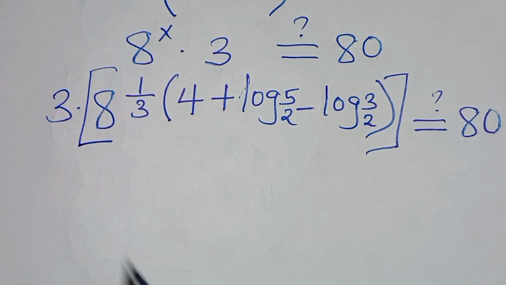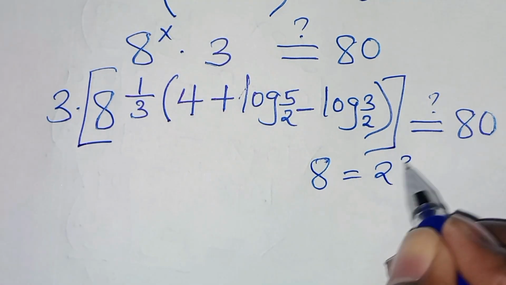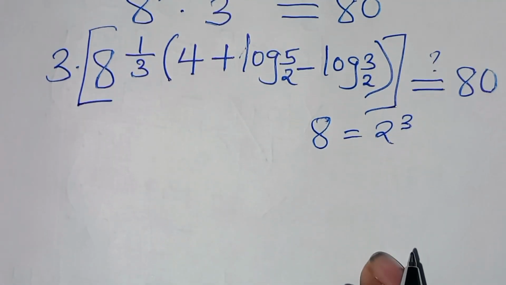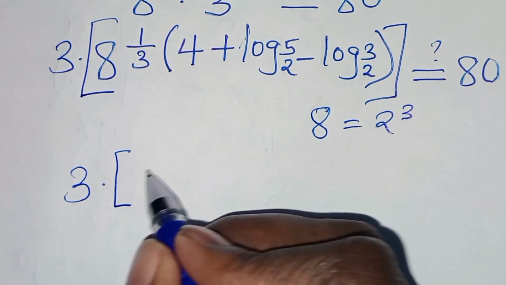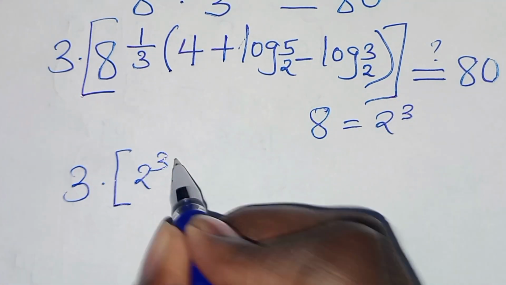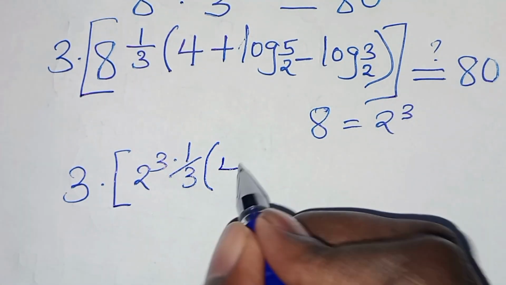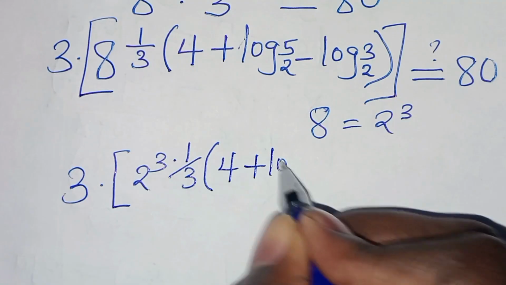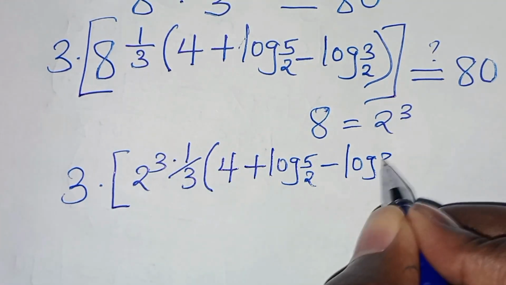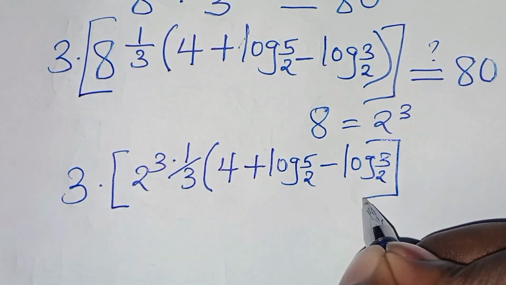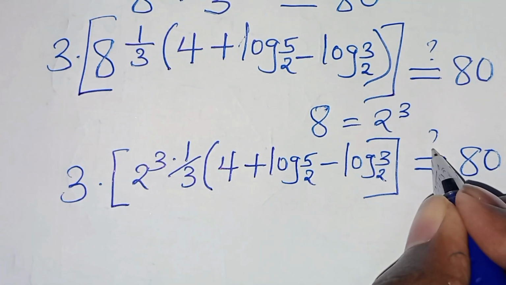Now, the next step is to express 8 as 2 to the power 3. So from here we have 3 times 2 to the power 3 multiplied by x, which is a third, into the parentheses: 4 plus log 5 to base 2, then subtract log 3 to base 2. Close the bracket from here. This should give us a value of 80.